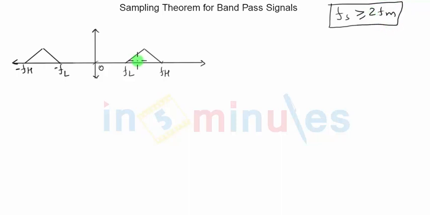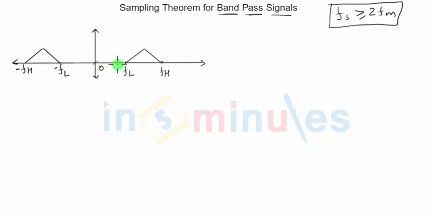Before we discuss that, let's quickly understand what exactly a bandpass signal is. A bandpass signal is a signal in which frequencies are present from some specific frequency value FL up to some high frequency value FH. There are frequencies only from FL to FH present in that signal, and no frequencies below FL.